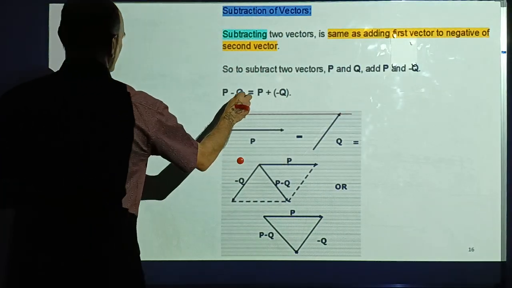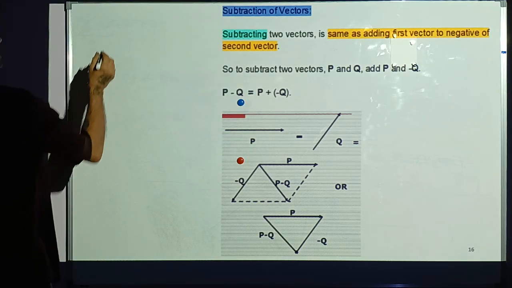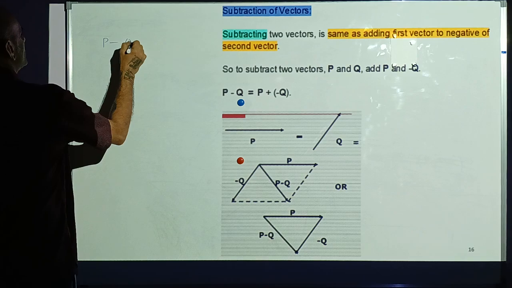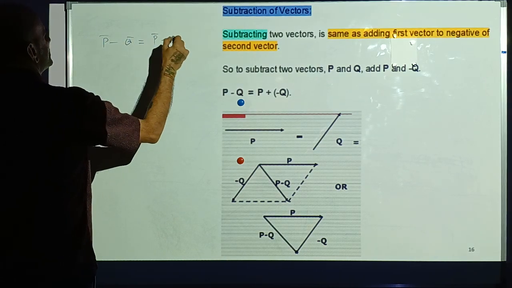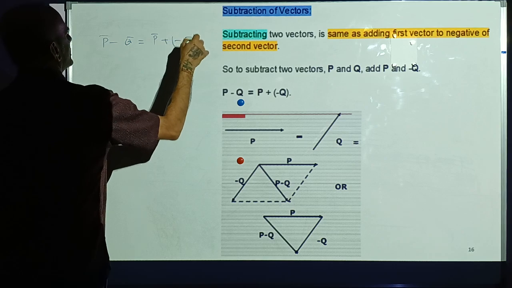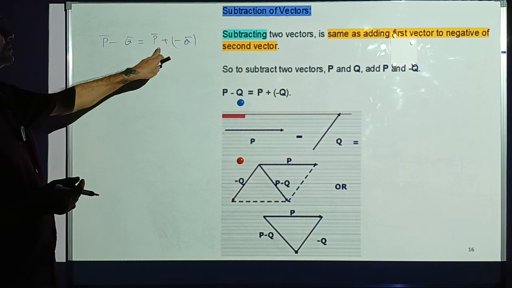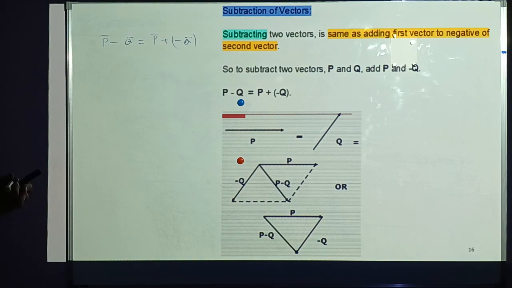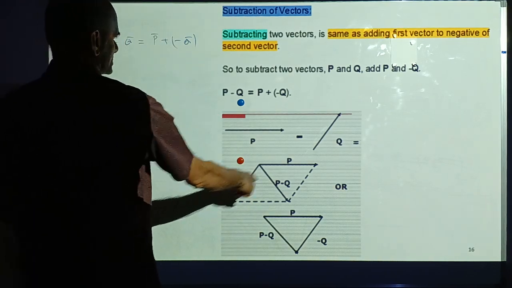If we can add two vectors, similarly we can subtract two vectors. Subtraction of two vectors, say P and Q: P minus Q, I can think of this as P plus minus Q. I know how to get the minus Q vector, I just have to reverse the direction of the Q vector. Minus Q is just the reverse direction.